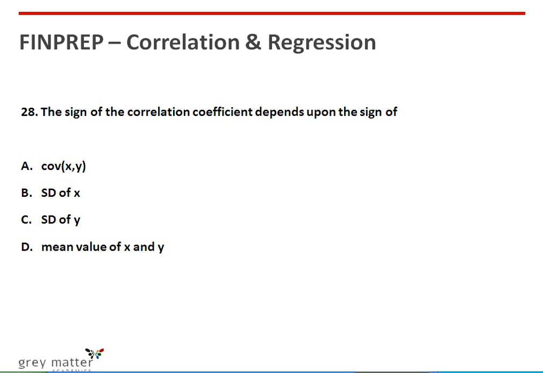We all know standard deviation of x and standard deviation of y are always positive. So the sign of the correlation coefficient depends only on the sign of covariance of x comma y. So the answer is option A, which says covariance of x comma y.